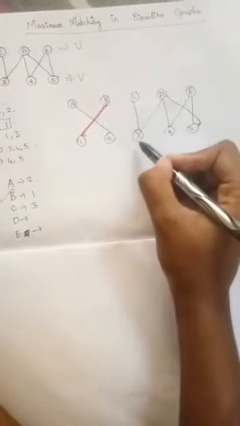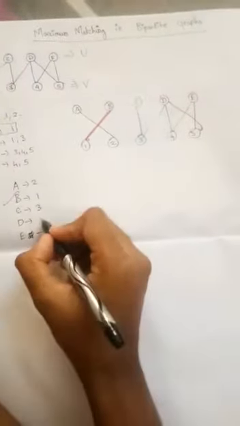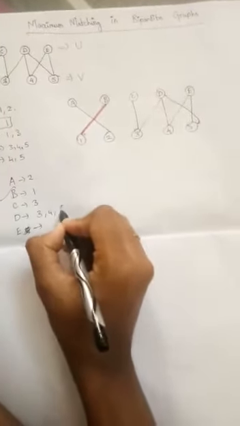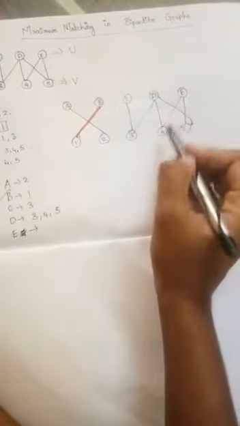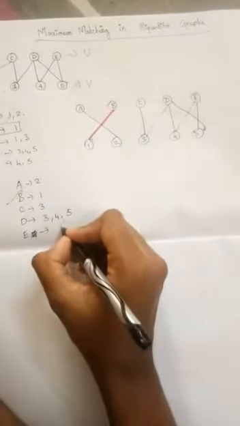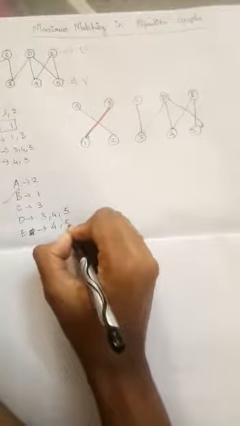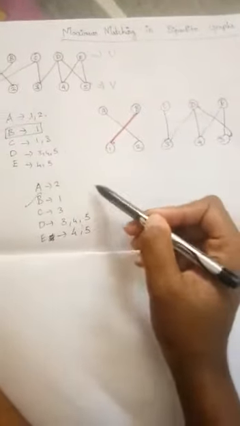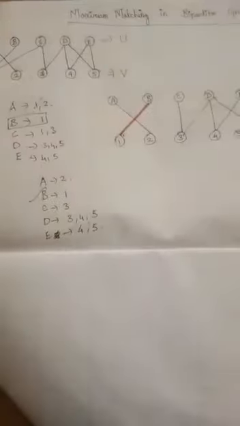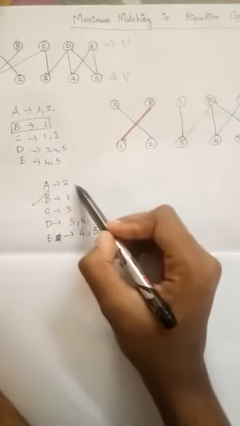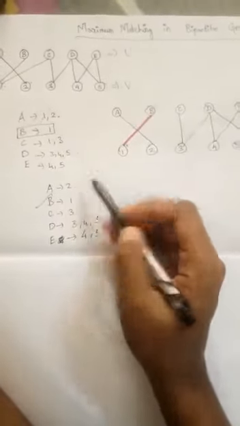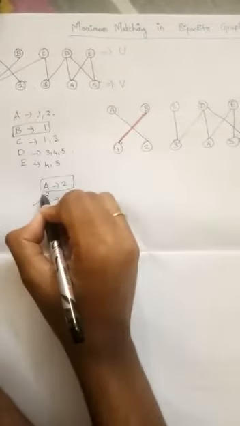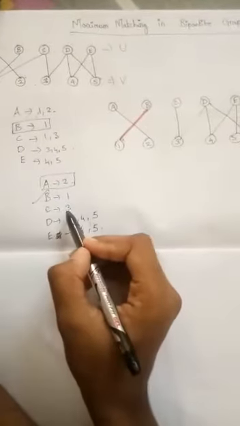D is connected to 3, 4 and 5. E is connected to 4 and 5. So from this observation I can conclude that A is only connected to 2, so that is the perfect match. Similarly, C is connected only to 3, so I can conclude that as the final match.